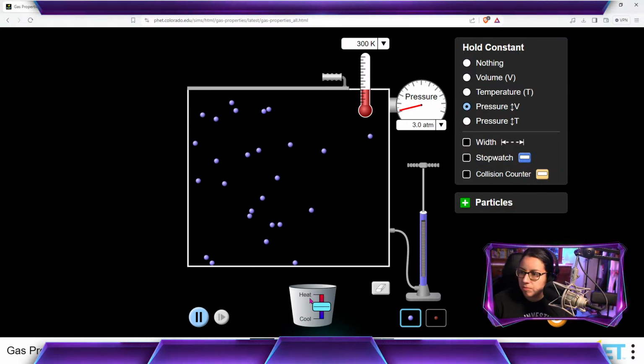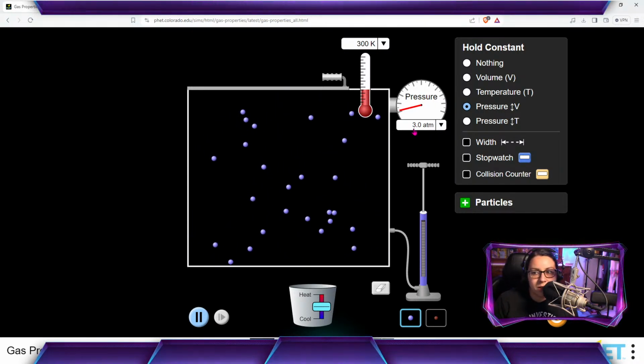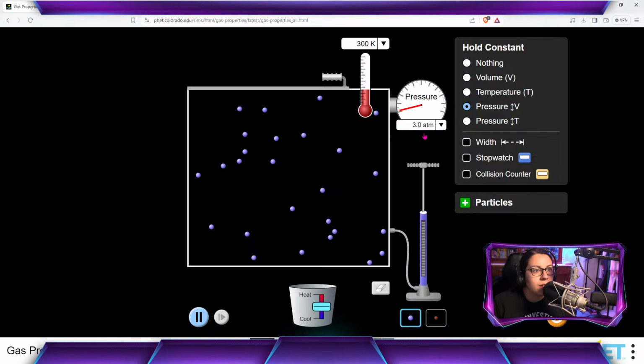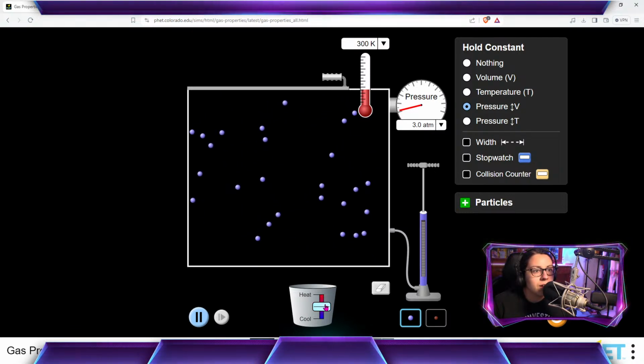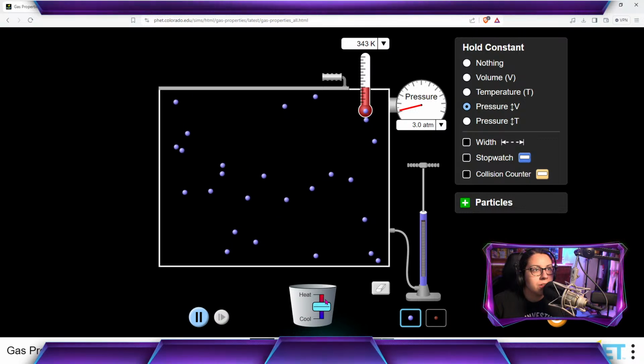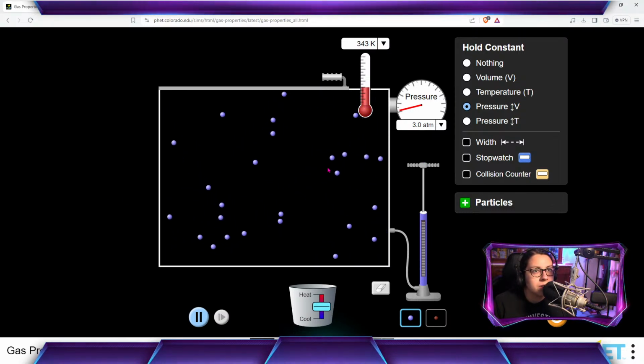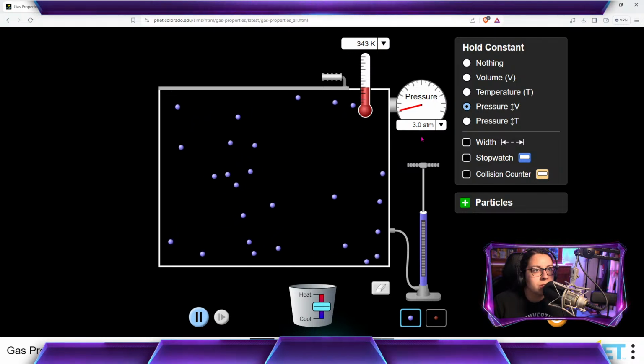If we're exploring Charles's law, we're holding pressure constant. We're at 3 ATM. And then now we have our heat, so let's increase our heat. Notice I increased it a little, so you saw that box increasing to keep our pressure.